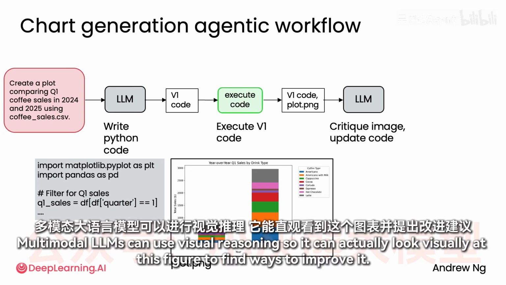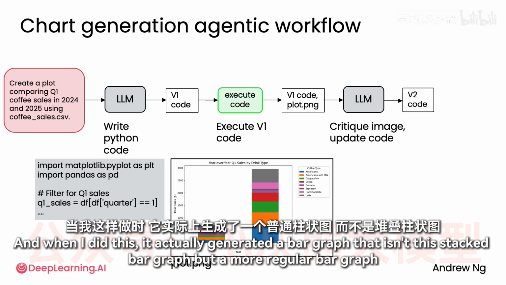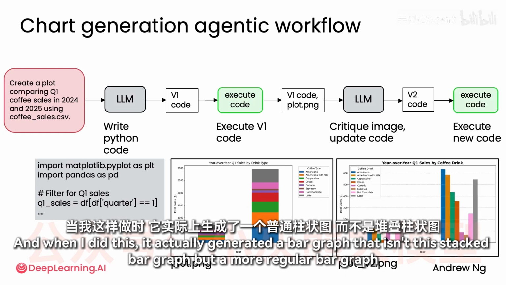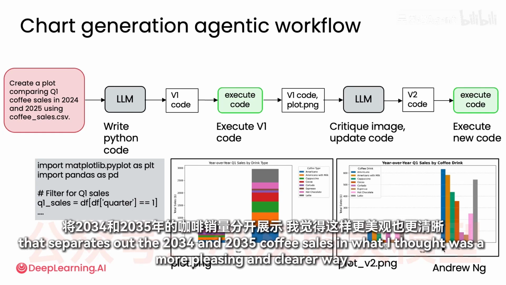Multimodal LLMs can use visual reasoning, so it can actually look visually at this figure to find ways to improve it. And when I did this, it actually generated a bar graph that isn't this stacked bar graph, but a more regular bar graph that separates out the 2024 and the 2025 coffee sales in what I thought was a more pleasing and clearer way.